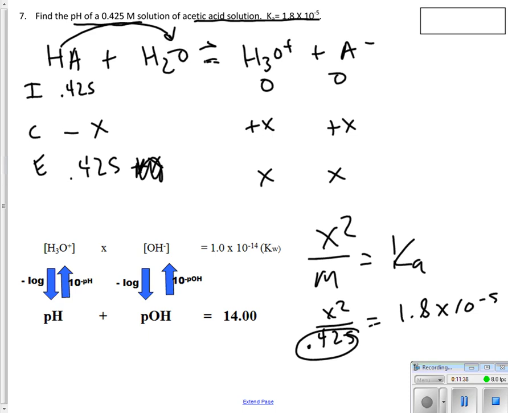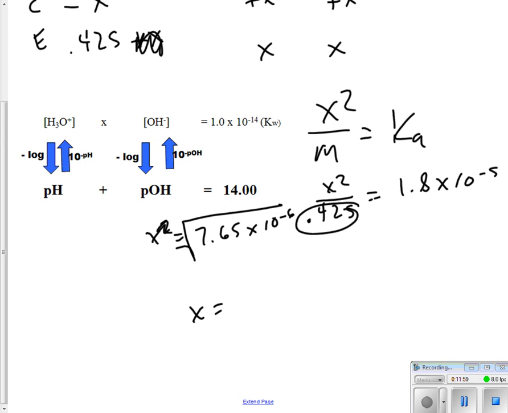When you multiply that out, x squared is equal to 7.65 times 10 to the negative sixth. To get down to x, I take the square root of it, and then ultimately my x is equal to 2.77 times 10 to the negative third.